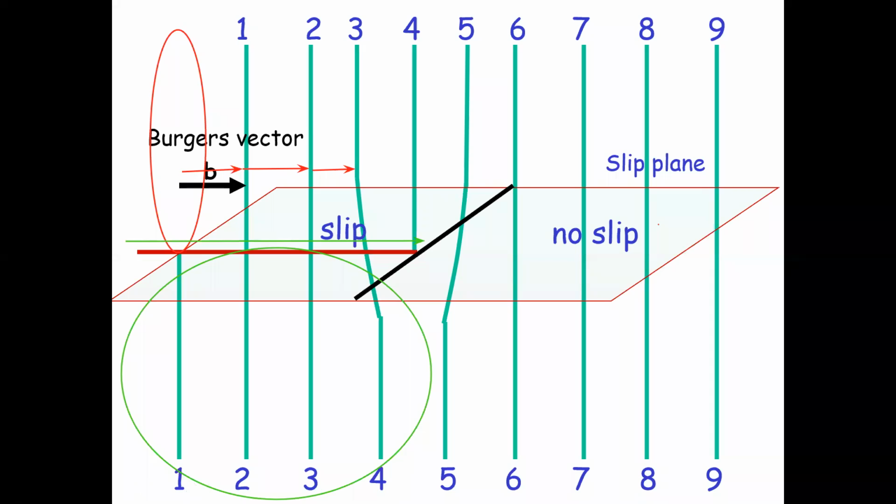Now an interesting thing is the direction which this black line indicates. The black line is basically the region which demarcates your slip plane into two portions.